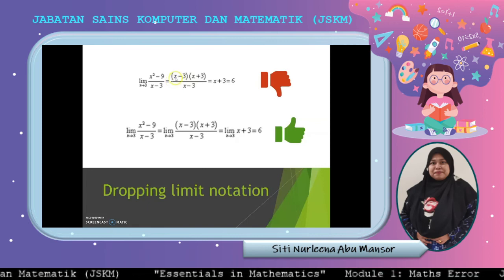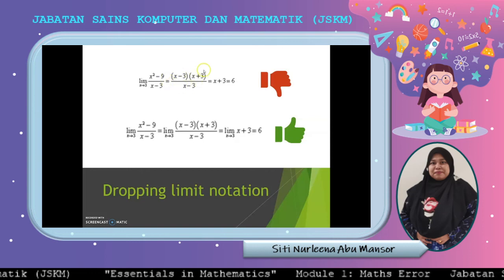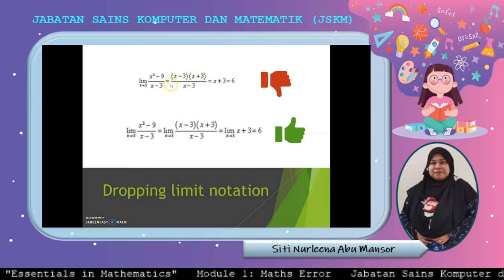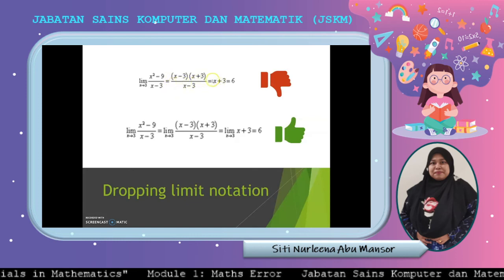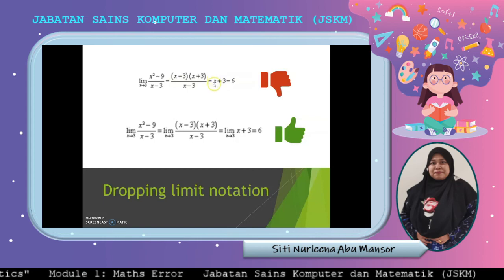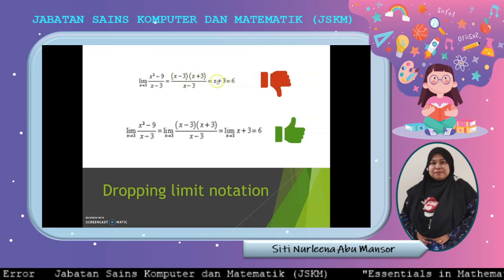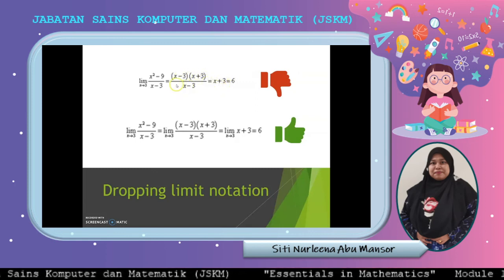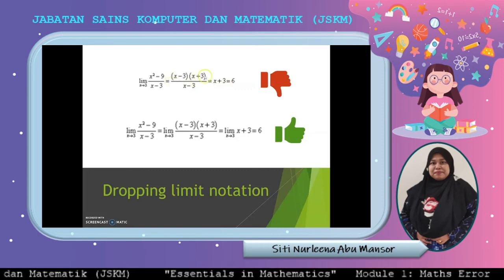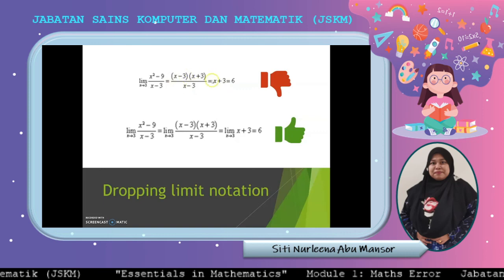We can see here in the second part, there is no limit notation at this equation. And also at the third part, there should be a limit notation. Why? Because this equation still has x. We do not yet solve the equation, so we should put limit x approaches 3 at each of these equations.